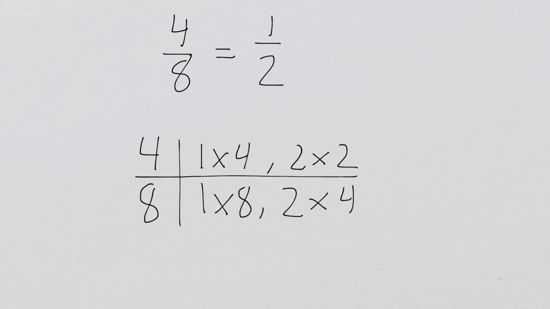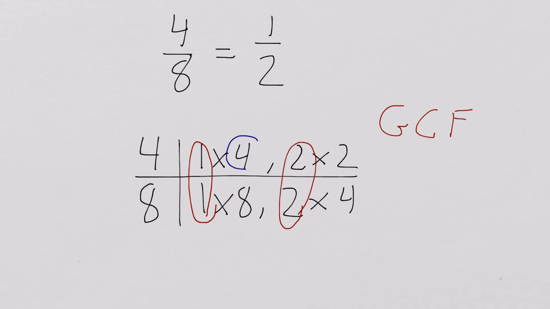Now that we have a list of our factors, we want to find the factor between the two of them that is the largest and that they both have in common. So basically, we want to find what is called the GCF, the greatest common factor. Looking at these factors, they both share 1, they both share 2, but the greatest factor that they have in common is 4.